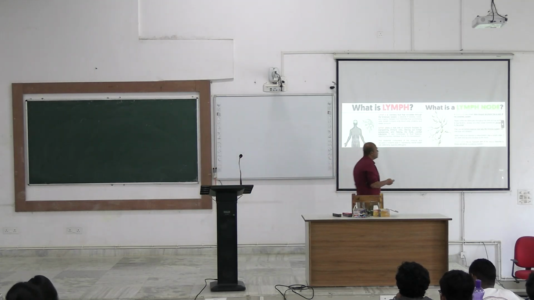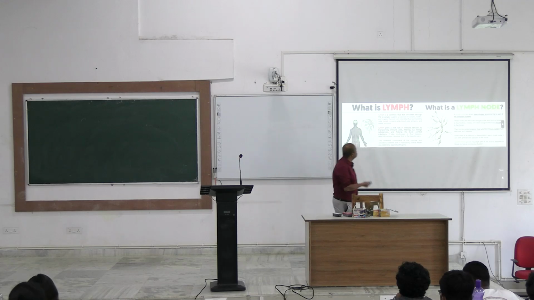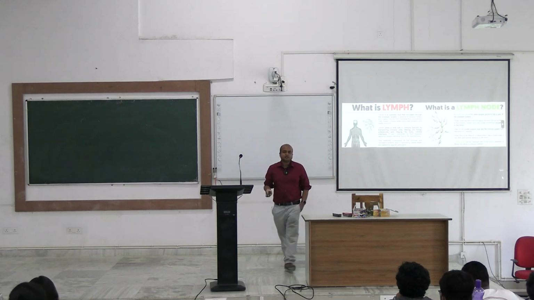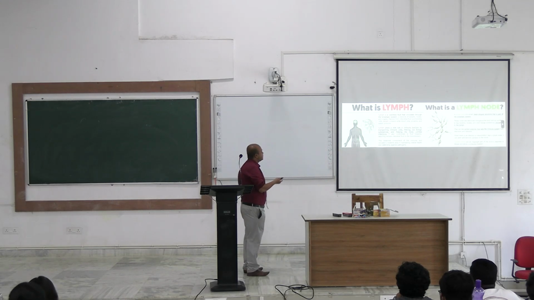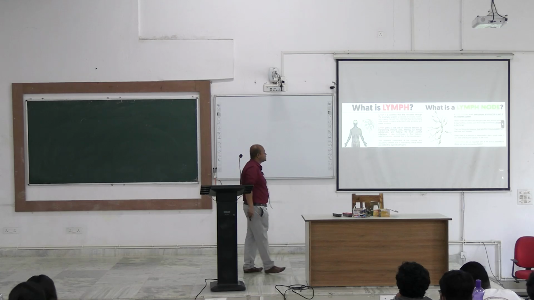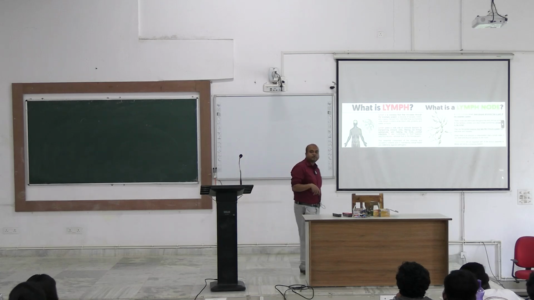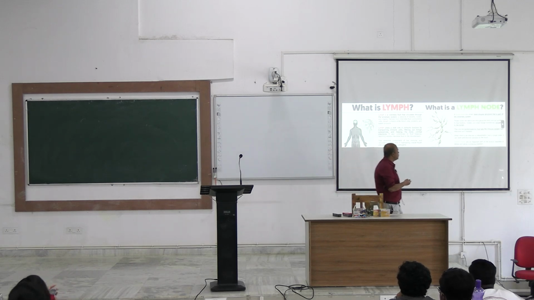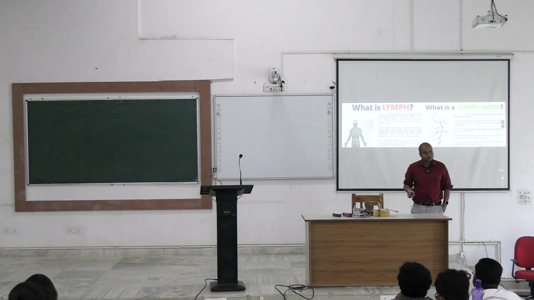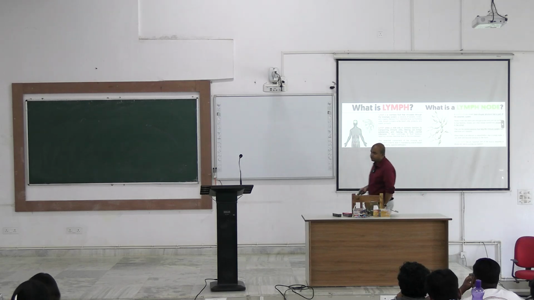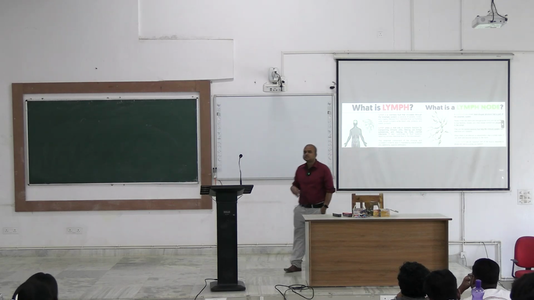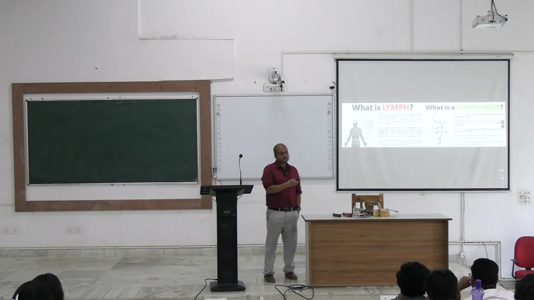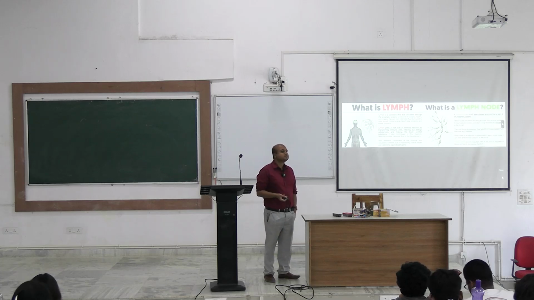So, what is lymph and lymph node? You must be knowing basic things. Lymph is a colorless fluid derived from blood, present in the lymphatic system, a network of vessels and nodes. Lymph nodes help to trap certain microorganisms, like control stations. They serve to fight against these microorganisms by trapping.